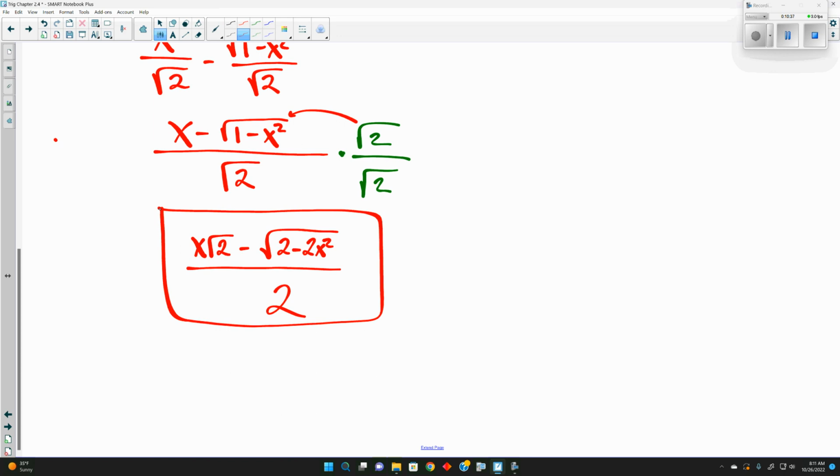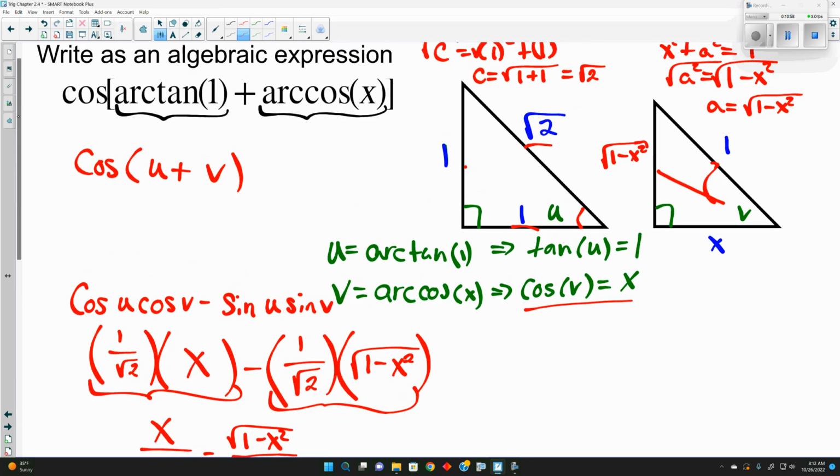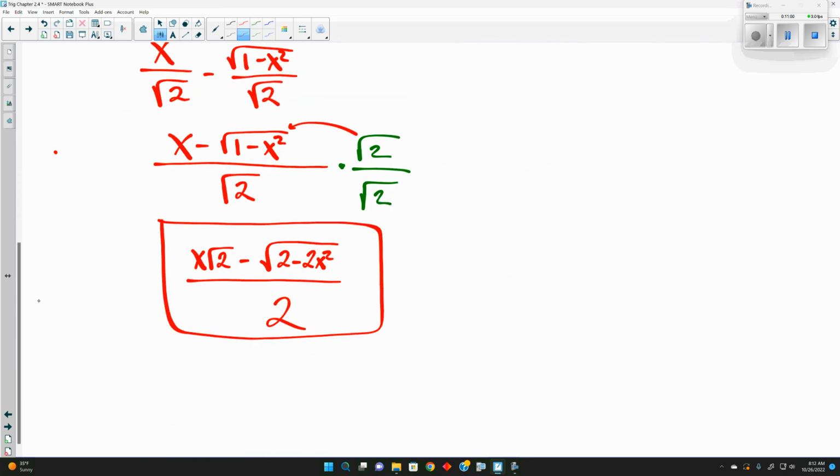Questions on any of this here? Any questions on this so far? So this here really isn't that bad. Most of it is really just setting up the triangles, plugging in and simplifying.